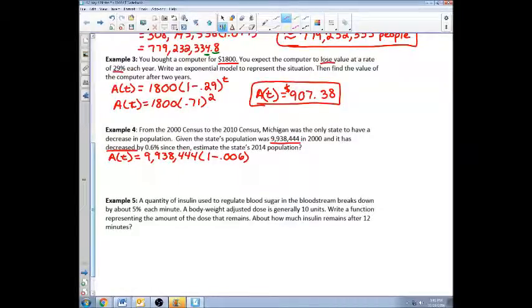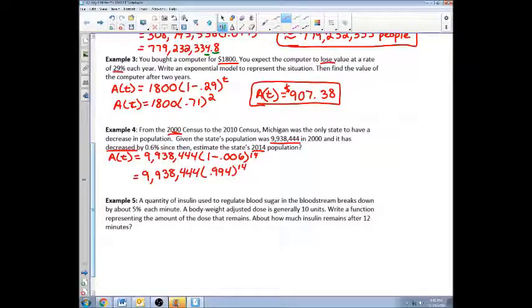Now what we need to figure out is from 2000 to 2014. Well, 2000 to 2014 would be 14 years. If I go ahead and simplify my parenthesis, I would end up at 0.994 raised to the 14th.